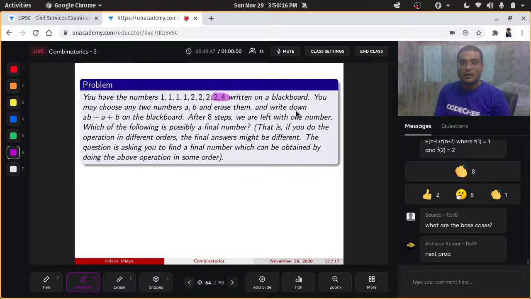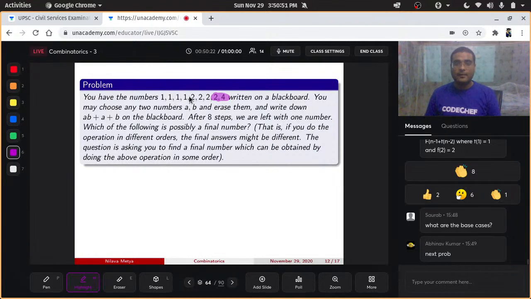These are A and B, and instead of A and B, I erase both and write AB plus A plus B. So maybe first I choose 2 and 4 and write 4 times 2 plus 4 plus 2 instead. Then again do the same thing with any other two numbers now on the blackboard. The previous two numbers have been erased and one number has been written, and you continue this until one number is remaining on the blackboard.